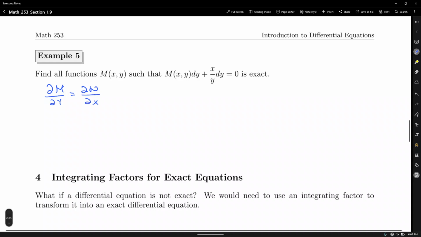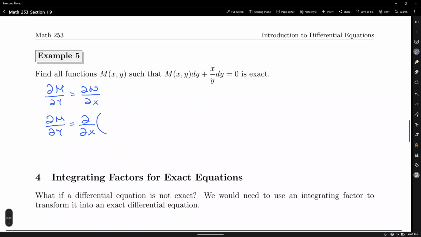We don't know what the partial of m with respect to y is, so I'm just going to leave it as partial of m with respect to y, equal to partial of n with respect to x.